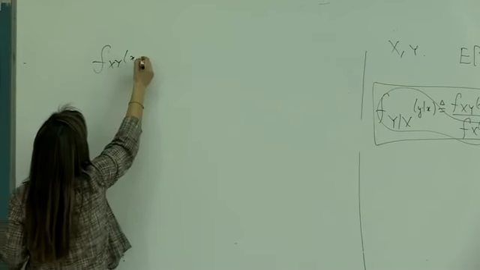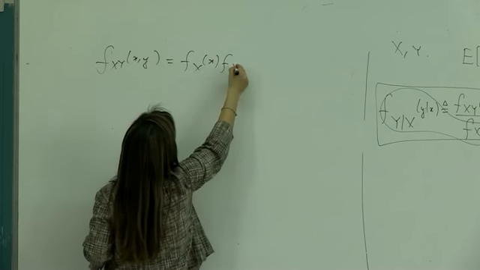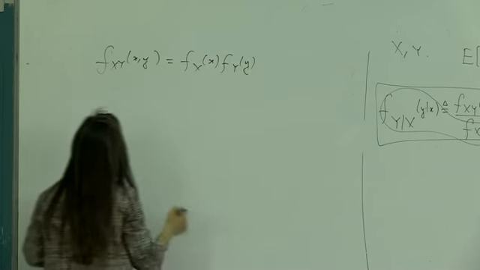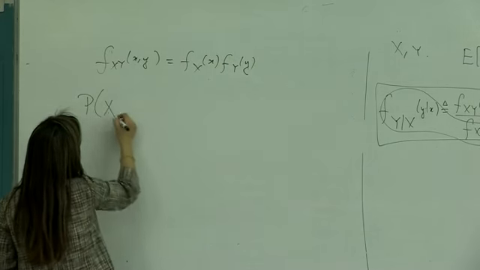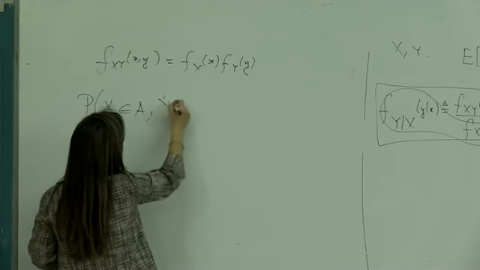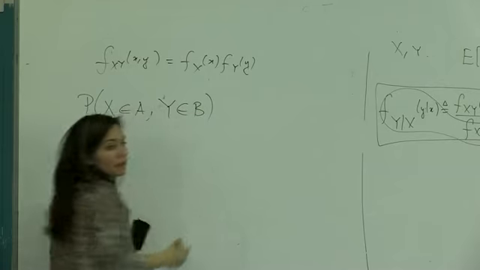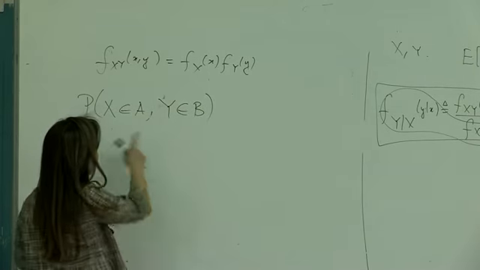f x y of x y is equal to f x of x times f y of y is what we have. So we are asked to compute the probability that x is in A and y is in B for any A and B, arbitrary subsets of real numbers.